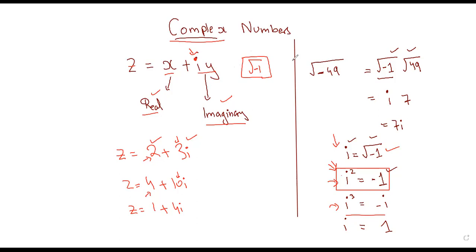Okay. All right. Then we have, let's say, if z is a complex number x plus iota y, if I talk about z bar, this basically means conjugate of z.